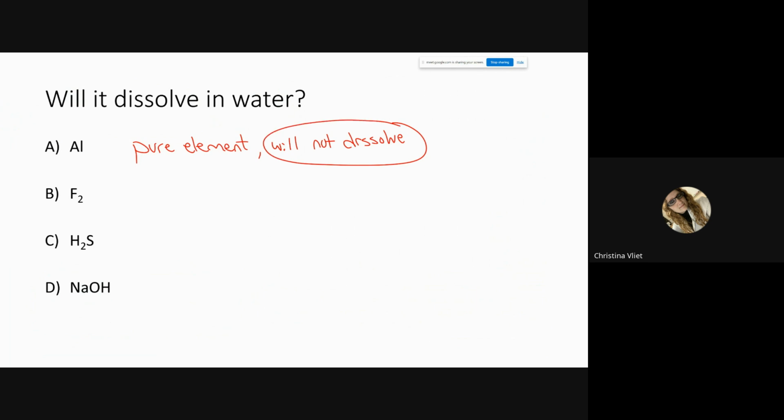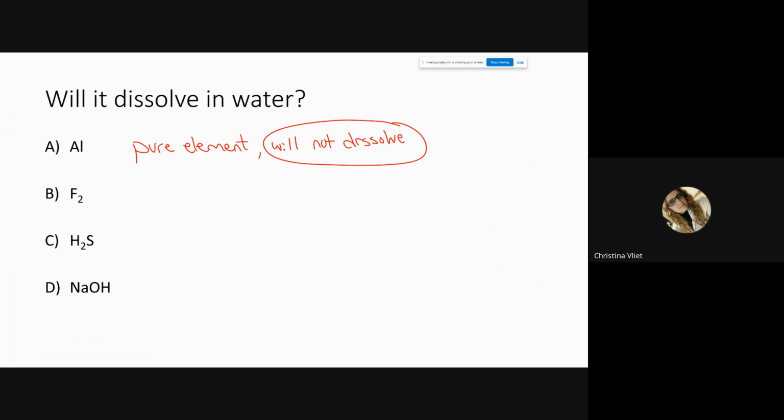Now, there is another thing that could happen. We're not going to discuss it now, but let me bring it up. Just because a pure element will not dissolve in water doesn't mean it won't react with water. Many pure elements actually do chemically react with water to make products. We're not there yet. A lot of metals do, to varying degrees of explosiveness.